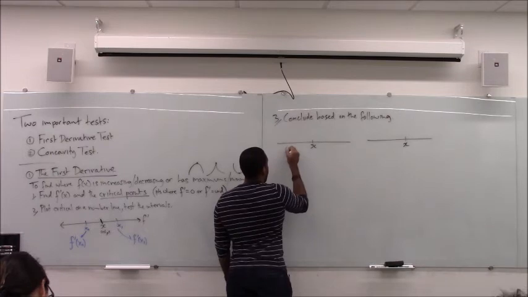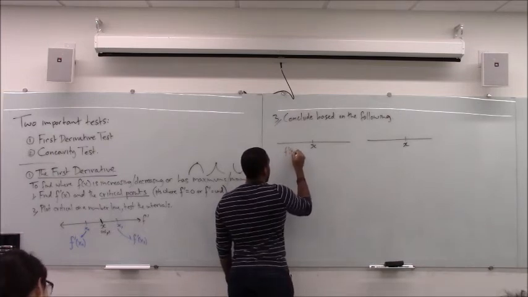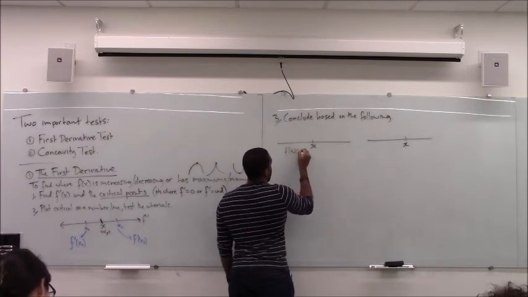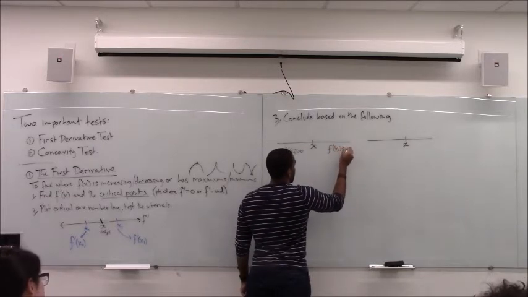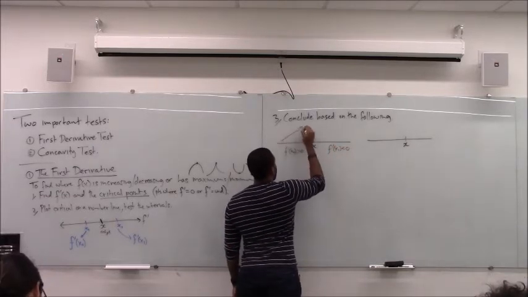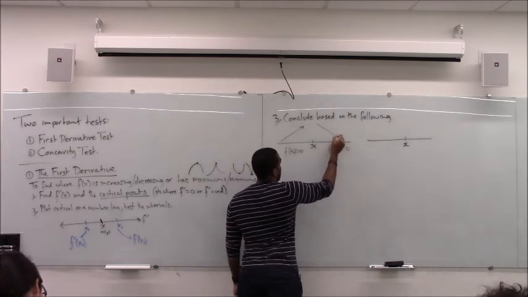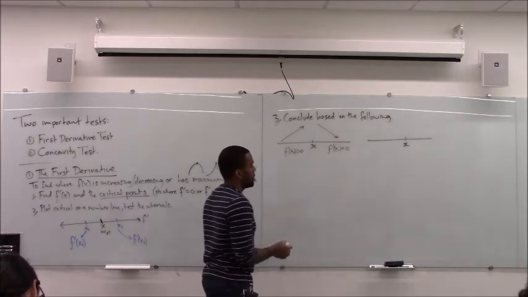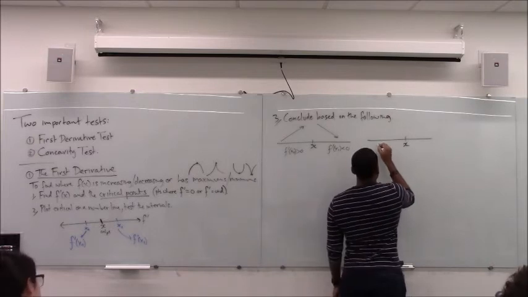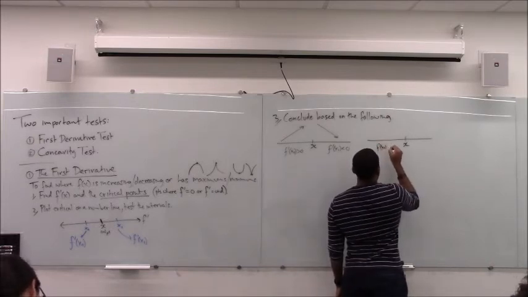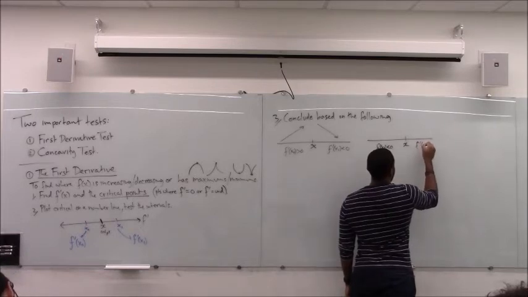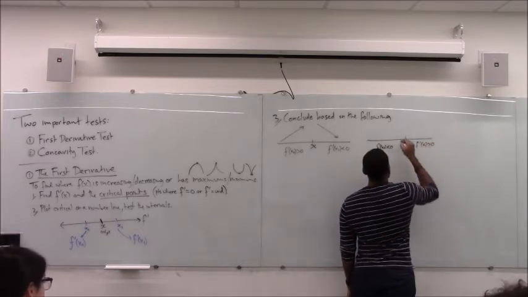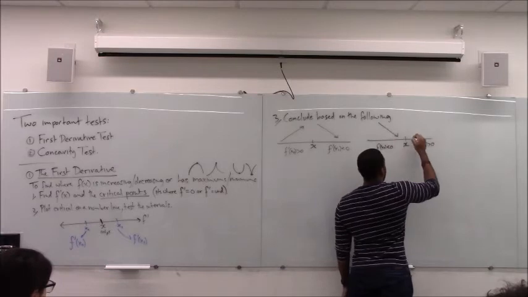If your f prime is positive over here, but negative over here, it means you are going up and then you are going down. Versus if your f prime is negative over here, but positive over here, it means you are going down, and then you are going up.